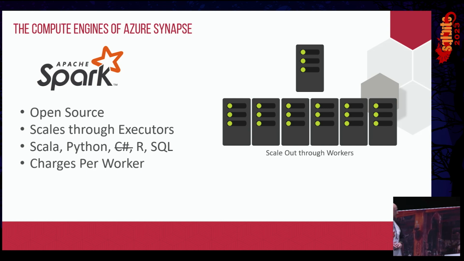In terms of scaling through executors, those are words that don't mean a lot unless you are a massive Spark nerd. So just to put it in terms of what we're thinking about, the whole point is distributed. The whole point is parallel. What Spark does under the hood, you give it a query. You say, go and query these files sitting in a lake.